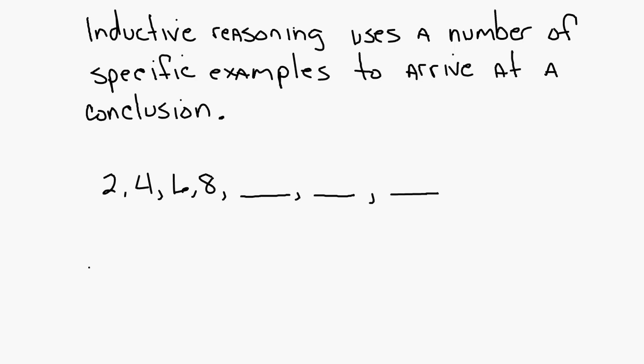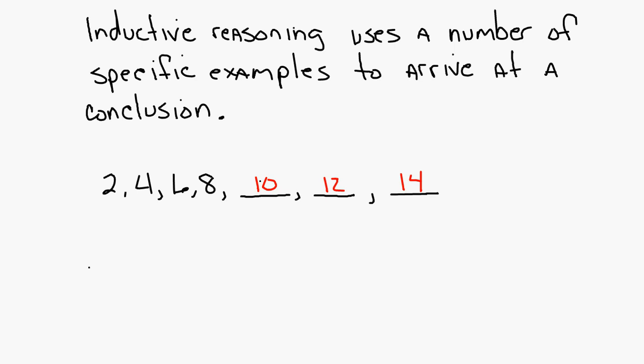A concluding statement reached using inductive reasoning is called a conjecture. So in this case, what would your conjecture be? 10, 12, and 14. The way I see it, I looked at the pattern and figured out what it was, and then I applied it and got the next 3 numbers.